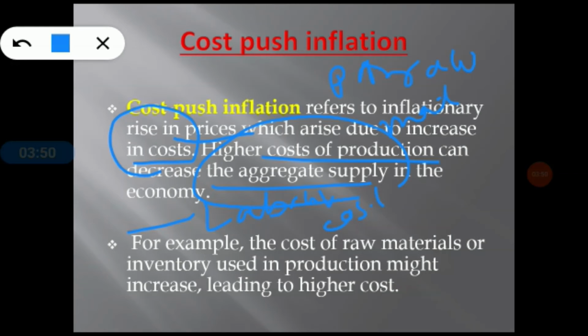So the price of the product increases due to the inflationary rise in the cost of production, or the price of the raw materials, or the labor cost, or the entrepreneur's profit, etc. So that is known as cost push inflation. For example, the cost of raw materials or the inventory used in production might increase, leading to higher cost. Obviously, we have already explained it very well. So now we will go to the next slide.